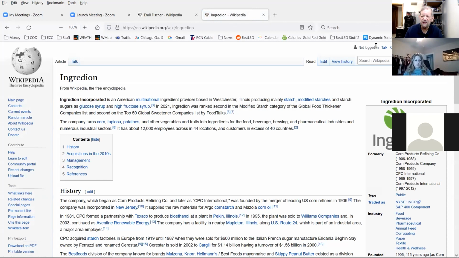I guess here's their new name, Ingredion, formerly CPC Corn Products, as I knew them, or CPC International. They're located in that suburb, and they make high fructose corn syrup and also glucose syrup.